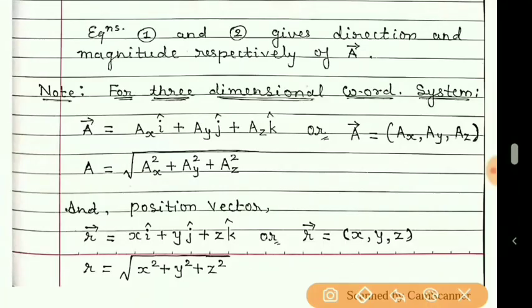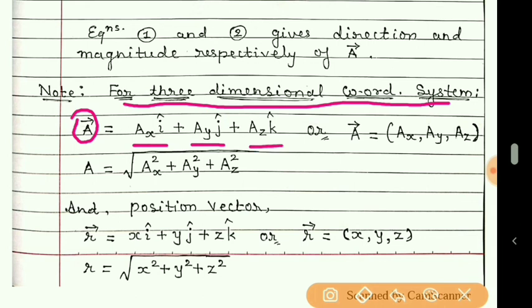Similarly, we can obtain vector A in a three-dimensional coordinate system. In a three-dimensional coordinate system, vector A can be represented in terms of its components as Ax i cap plus Ay j cap plus Az k cap. In two dimensions we have written only these two components x and y, but in three dimensions we have to include the z component also, and here this k cap is the unit vector along the z axis.